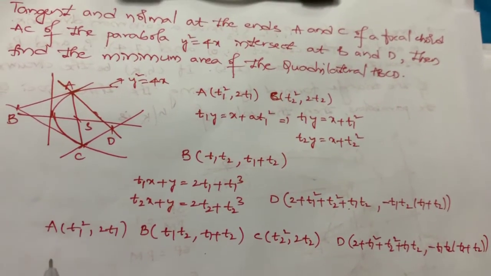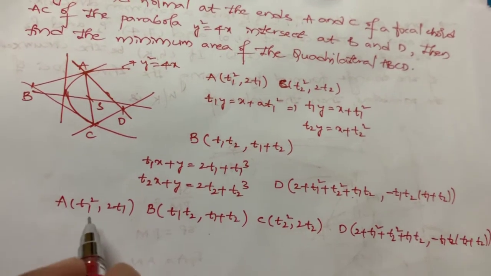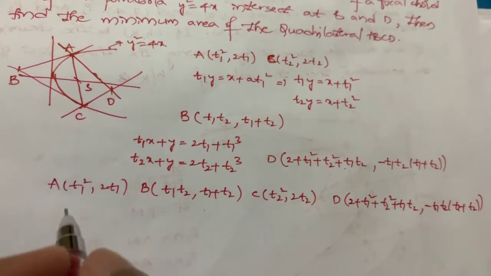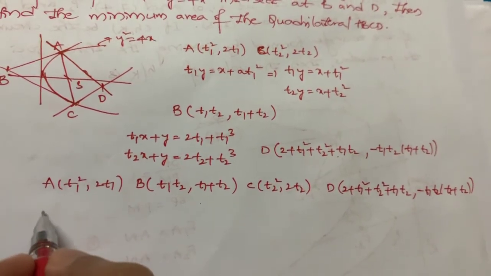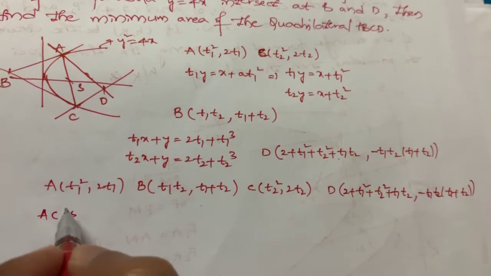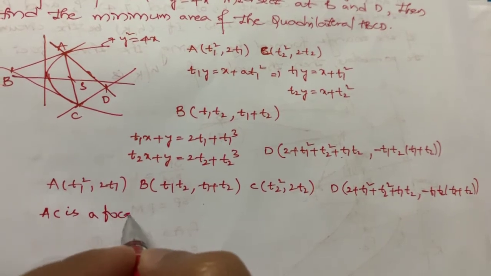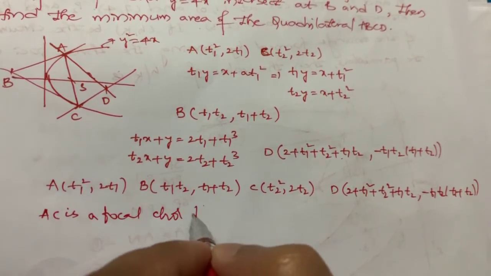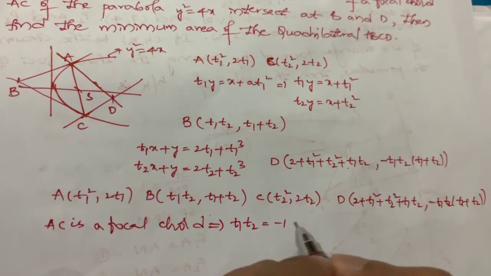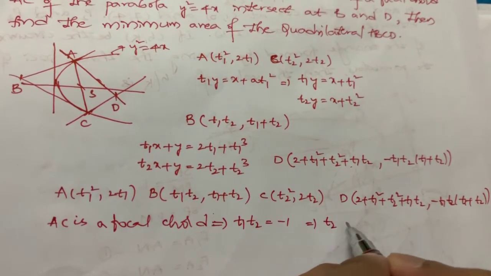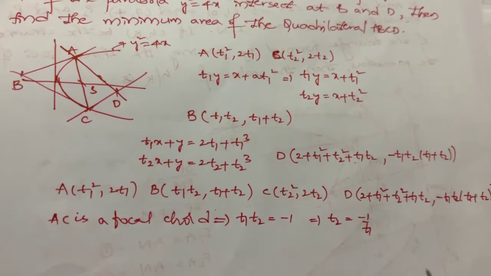And as it is a focal chord, so for a focal chord what can we write? As it is passing through the focus, AC is a focal chord. So this implies t1 t2 = -1, so t2 = -1/t1.